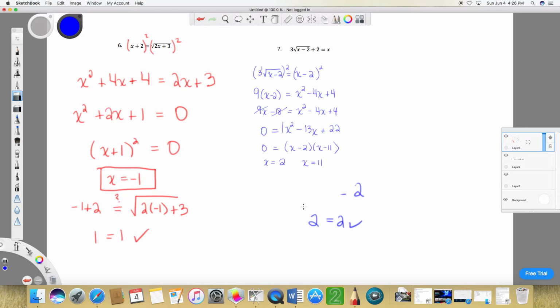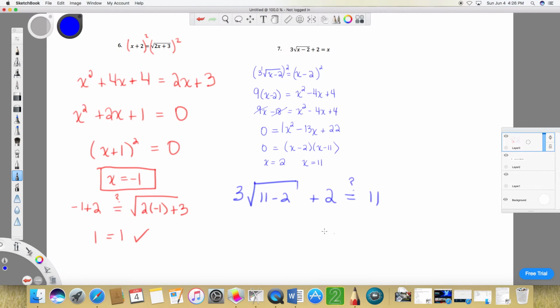Will it check? On the left-hand side, we have 3 times the square root of x minus 2, but we're replacing x with 11, so we've got 11 minus 2. Don't forget the plus 2 on the outside of the radical, and then will that equal 11? Big question mark.